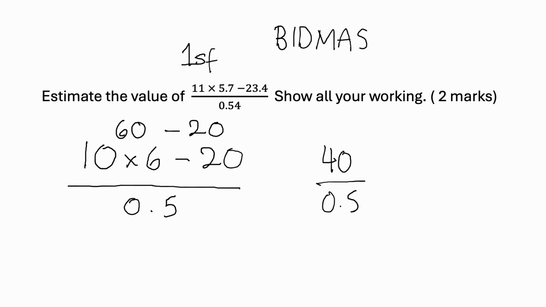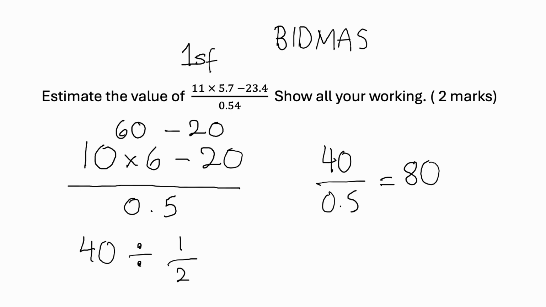If this was a non-calculator paper, well, 40 divided by 0.5, if we know it, essentially that's going to be 80. But if we are not too sure, how I like to think about it is 40 divided by 0.5, which is a half.